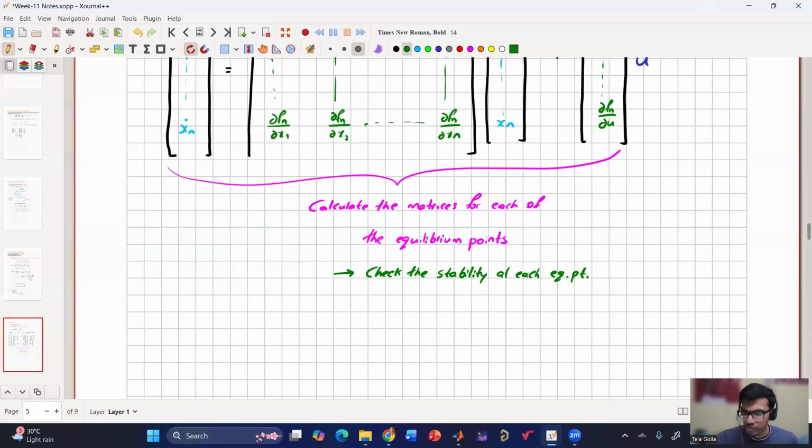So now the very first question is, can a system be stable for one equilibrium point and unstable for the other equilibrium point? Definitely yes. There are so many systems where the system is stable at one equilibrium point and unstable at another equilibrium point. The famous example is the inverted pendulum. If I consider, say, this as a pendulum, this position is a stable equilibrium point, because if I give any perturbation, it will come back and settle here.